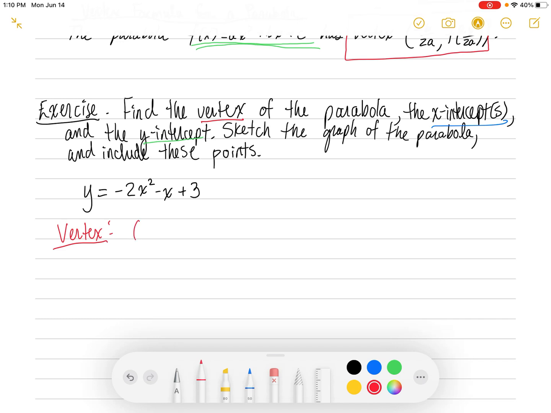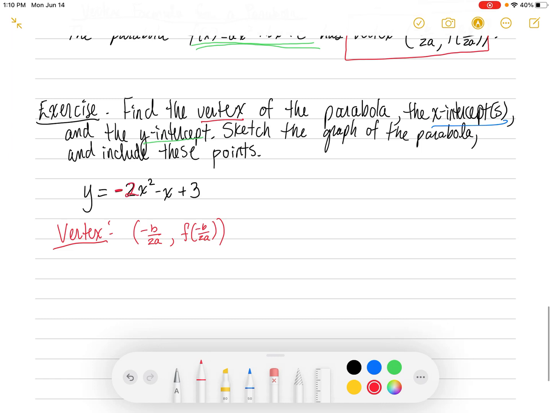So the first thing we want to do is to find the vertex. So the vertex formula is going to be minus b over 2a, comma, f of minus b over 2a. Basically f of x is the same thing as y here.